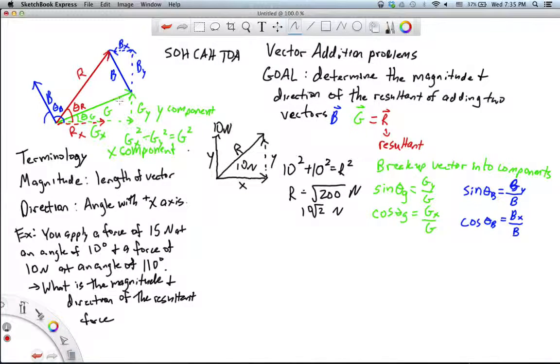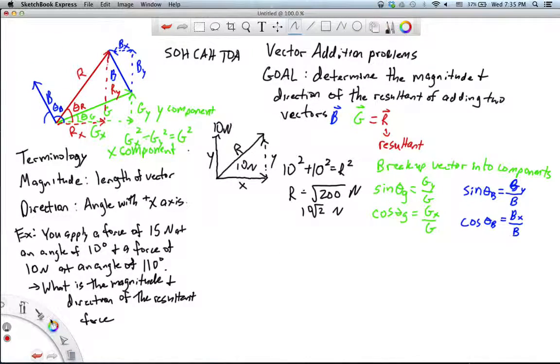I can do the same thing with y. If I add the y component of g and the y component of b, you see how these two things added together, this length is the y component of the r vector. It's the same length as this, which is the y component of the r vector, ry.